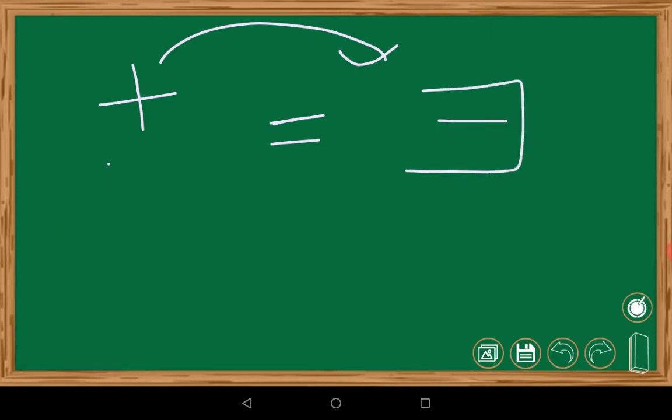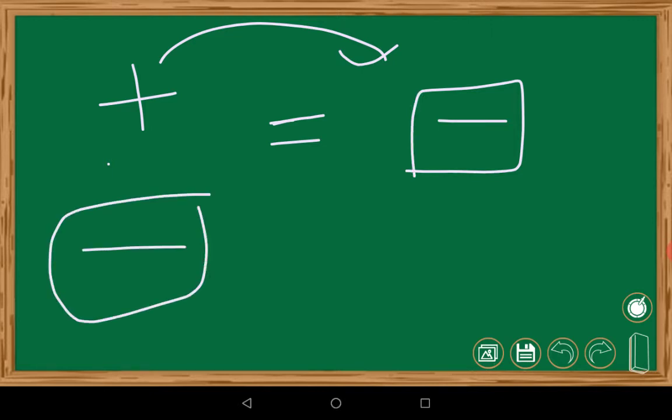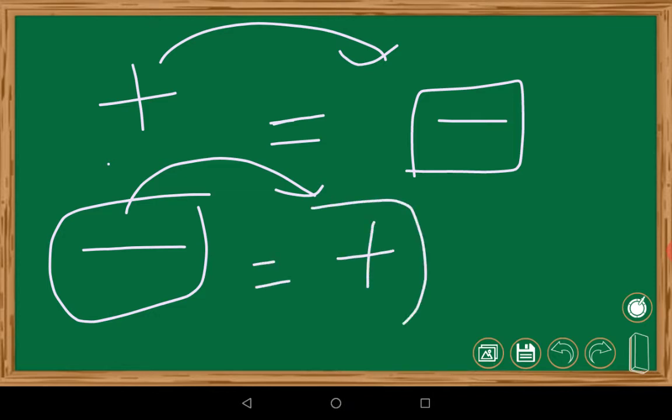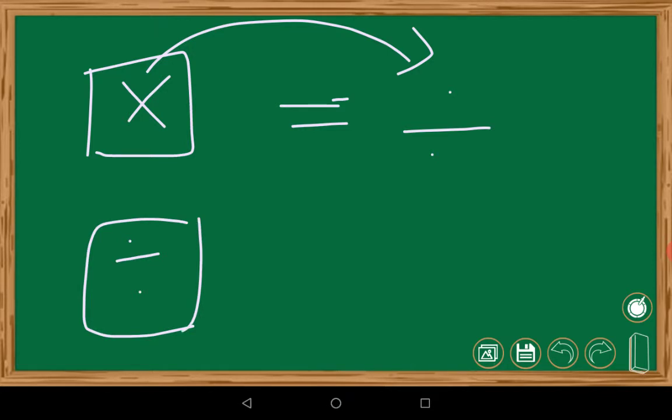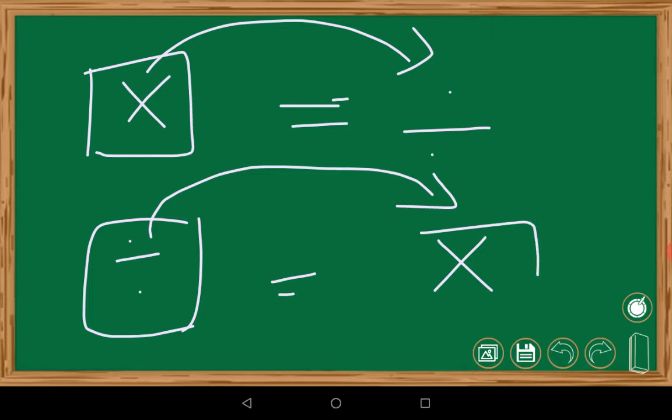When minus is transposed from one side of the equality to the other, it becomes plus. Understood? And if multiplication from one side of the equality goes to the other side, it becomes division. And when division from one side of the equality is transposed, it becomes multiplication on the other side. I hope I am very clear.